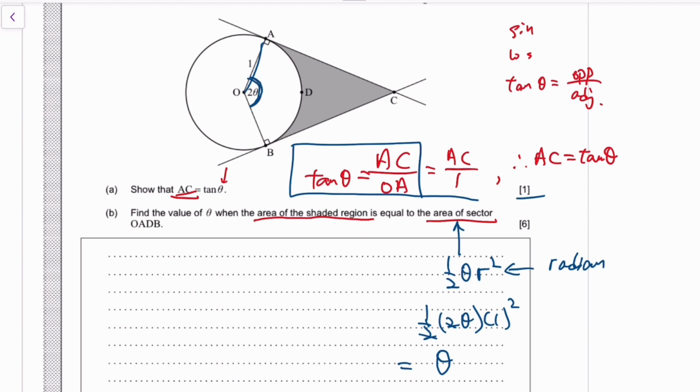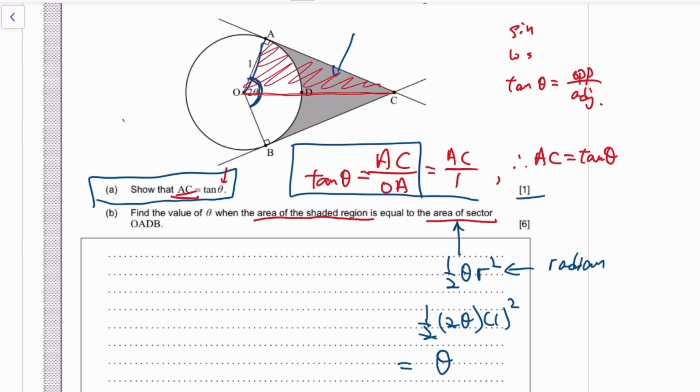Okay, what about the shaded area? How do we find the area of the shaded region? Well, obviously part A should be useful. And the answer is this. If you cut, again, this triangle, cut this in half to make a triangle, well, we know how to find the area of a triangle.